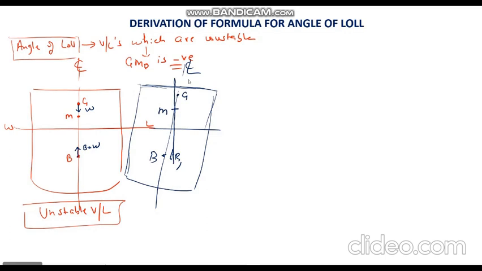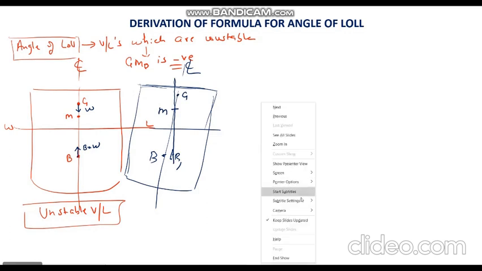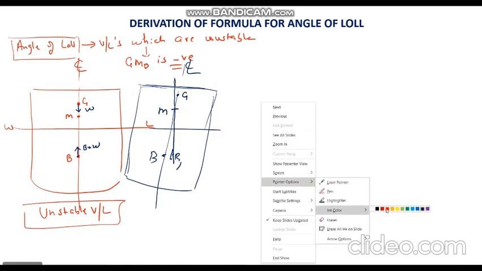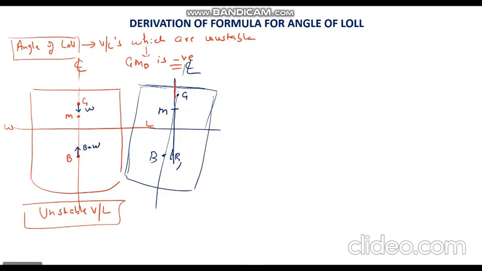Now in this condition, through the metacenter you have the buoyancy acting upwards, and through G you have the downward weight. And what has happened is they have been transversely displaced. There is a transverse separation that has come. And as you can see, the couple that is formed will have a tendency to heel the ship further. And that is why this couple is called the capsizing couple.